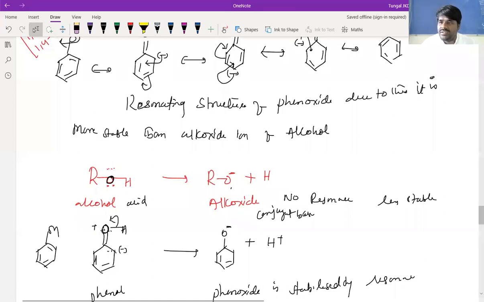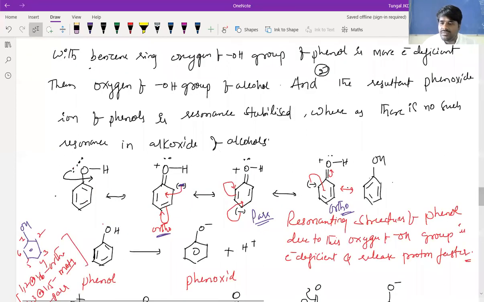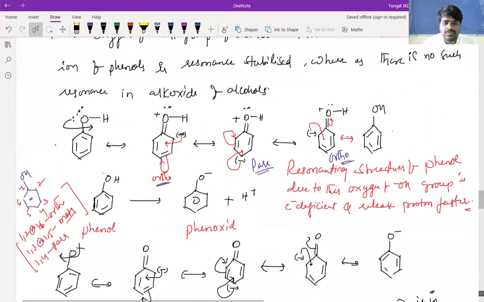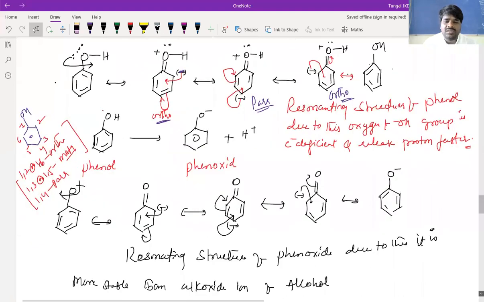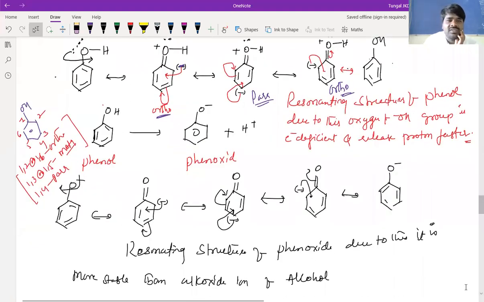If I take this phenoxide once again, what is the charge on it? It has a negative charge.